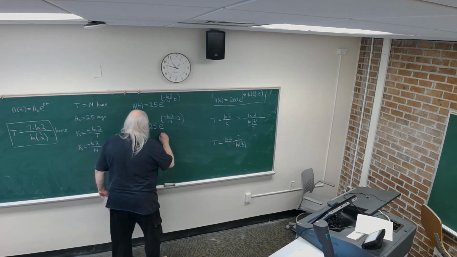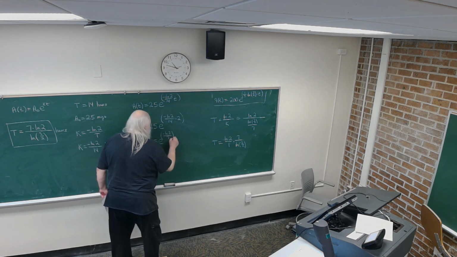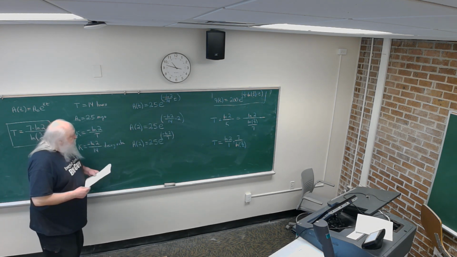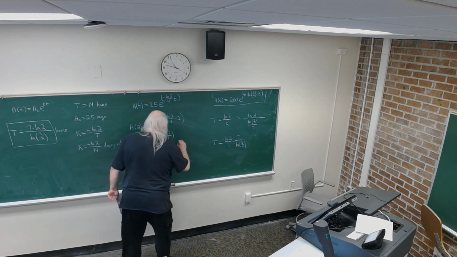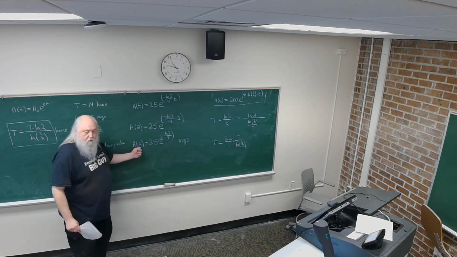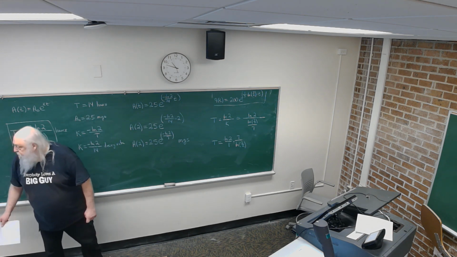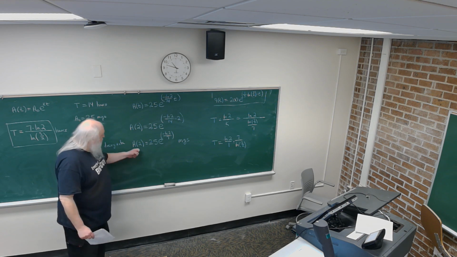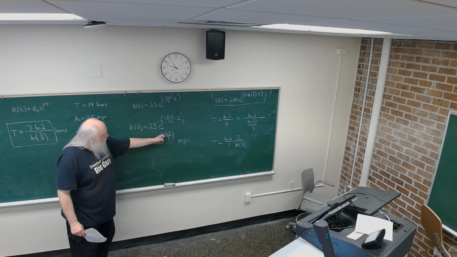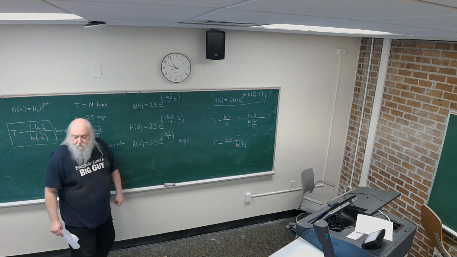And so we're left with minus log 2 over 7 as the exponent on the number E. And the units is milligrams. So the amount of the 2.5 milligram tablet after 2 hours in the body of the patient is 2.5 times E raised to the minus log 2 over 7.